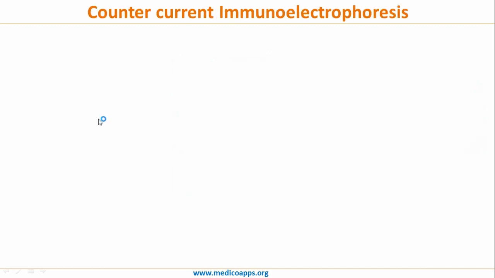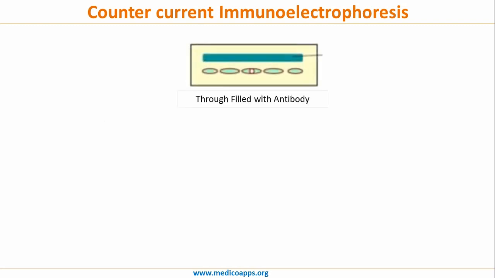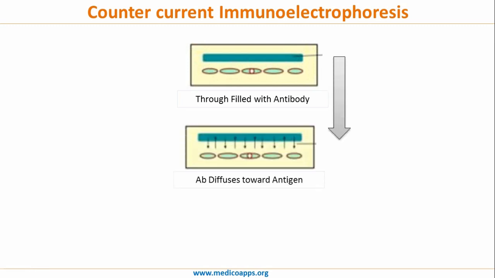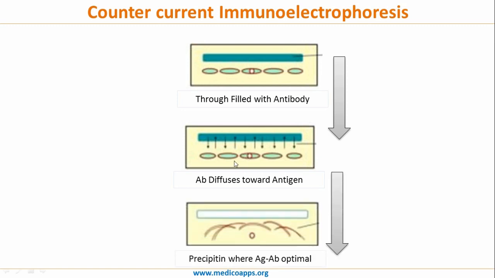Moving to countercurrent immunoelectrophoresis, here the antibody is filled in this trough, and these are the antigens. When we pass electricity, the antigen and antibody move toward each other, and at the zone of equivalence they form these lines. So we can detect multiple antigens and antibodies based on countercurrent immunoelectrophoresis.